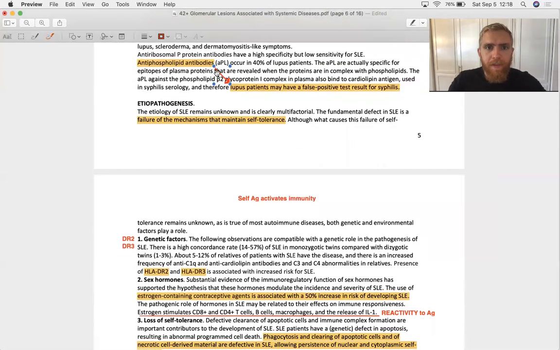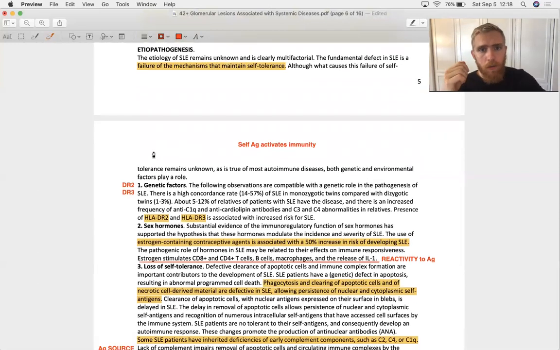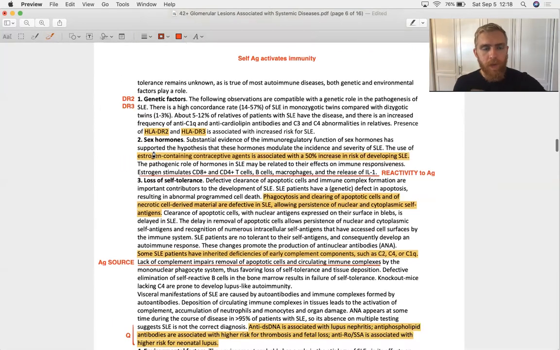So, pathogenesis. Now we start talking about symptoms of lupus. Keep your eye on the ball. It's all autoimmunity. There's a self-antigen somewhere, and your immune system sees it and starts making antibodies against it. And that gives you all of the symptoms in lupus. You need to know that there's a big time correlate between HLA types DR2 and DR3.